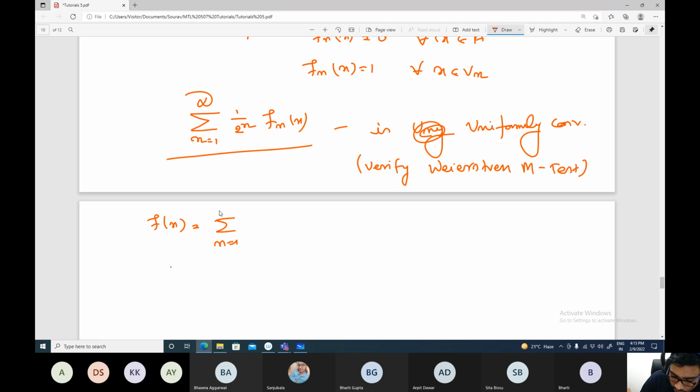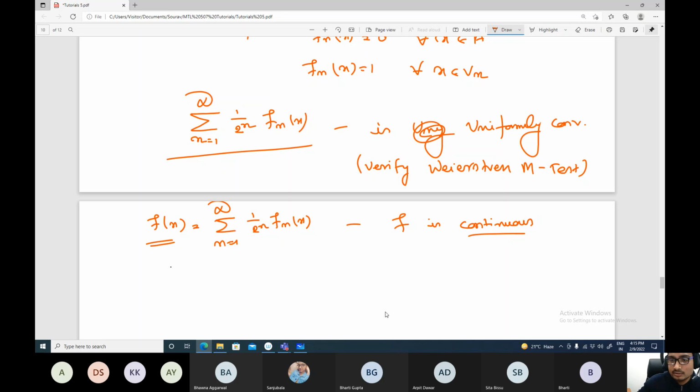Say f(x) is the sum, n equal to 1 to infinity, of 1 by 2 to the power n times fn(x). Then f is continuous, being the sum of a uniformly convergent series.